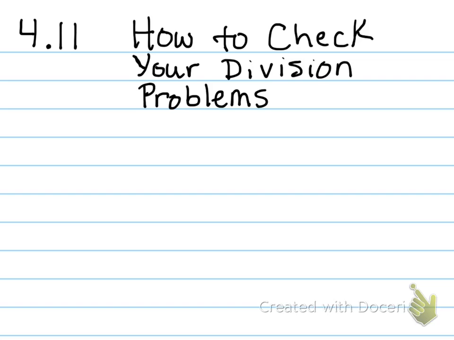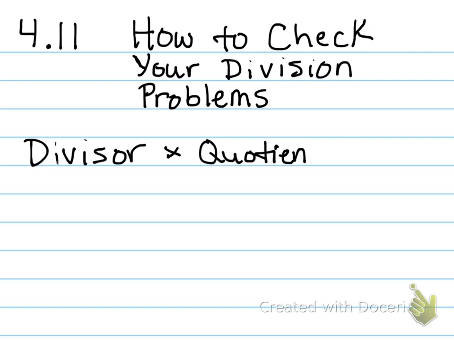This is how you're going to check. You are going to take your divisor. Whoa, div, not dis. Take your divisor, multiply it by your quotient, and that should equal your dividend.